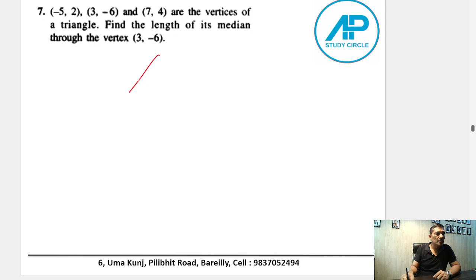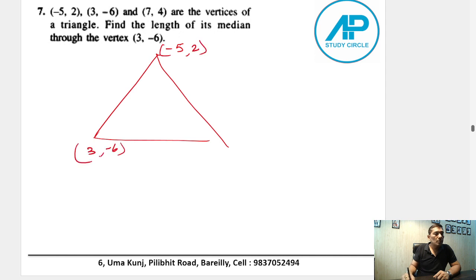You have a triangle with vertices minus 5, 2; 3, minus 6; and 7, 4, and this point is not known to us. They are saying find the length of median through vertex.